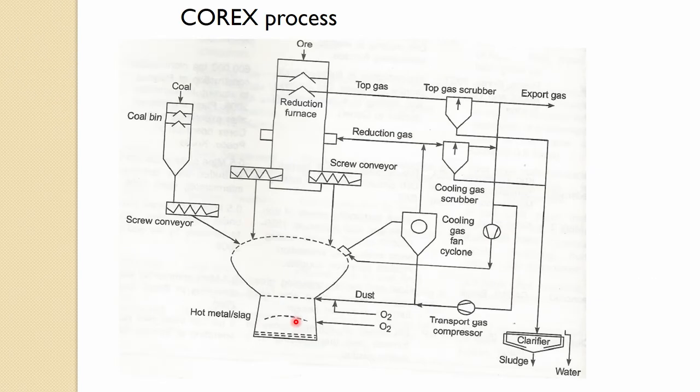So, the flow diagram of this process is like this. You have to introduce the oxygen and the coal. So, oxygen from the bottom, coal from the top, and the dust which is generated you can put away a little, and smelting occurs in this reactor.